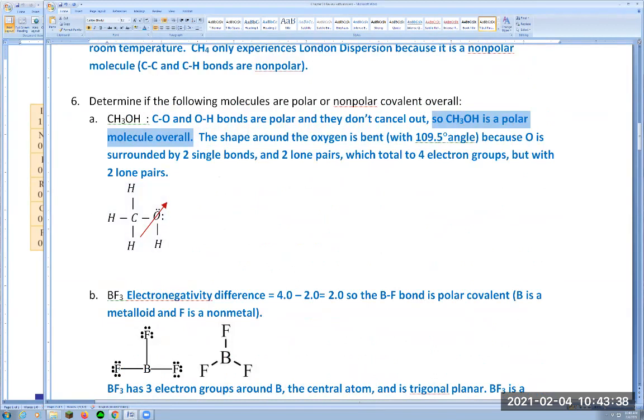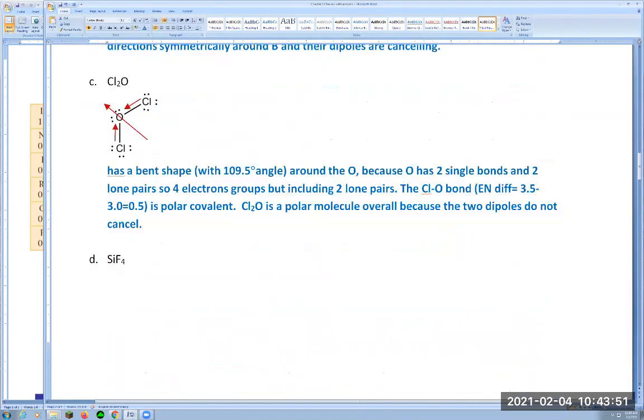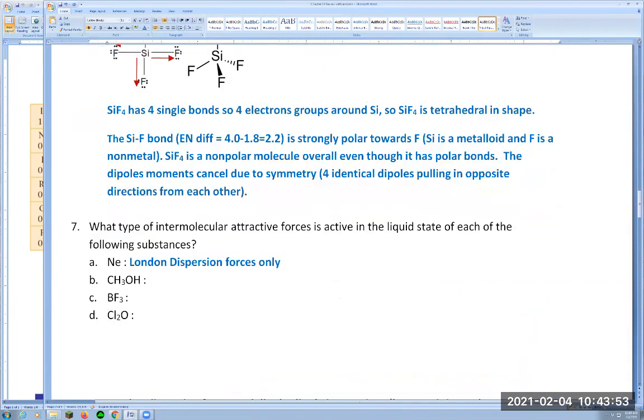And so the dipoles do not cancel, they add up into an overall dipole that is shown here with the red arrow. So this is a polar molecule overall. So first of all, London dispersion forces, like all molecules have. Then it has dipole-dipole interactions because we have a dipole moment.